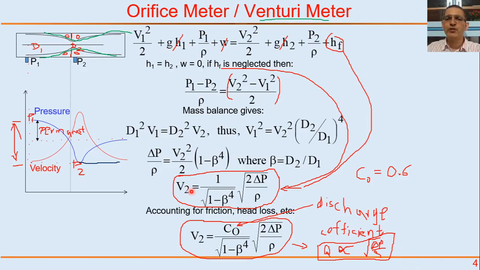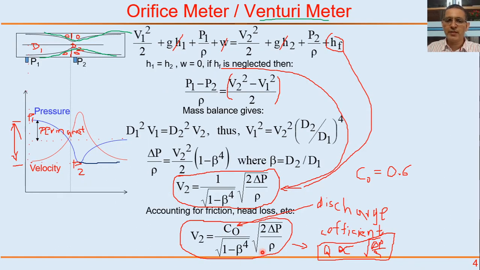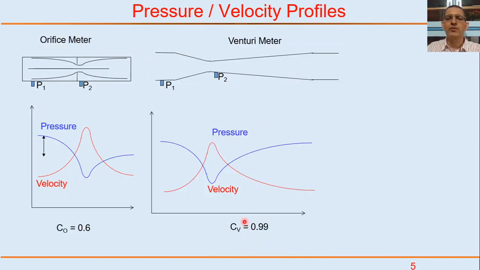So this formula should be almost valid for a venturi, and it is. Instead of the discharge coefficient C0, we put a CV, the venturi coefficient, and CV is almost equal to 1. Typical values of CV are 0.98, 0.99 and so on.